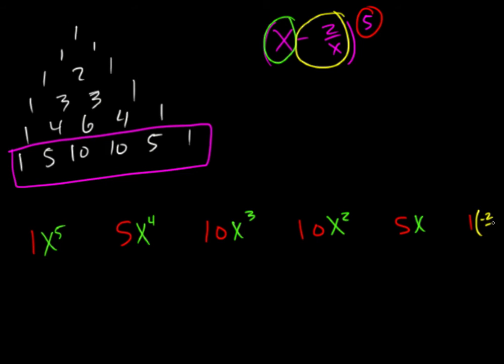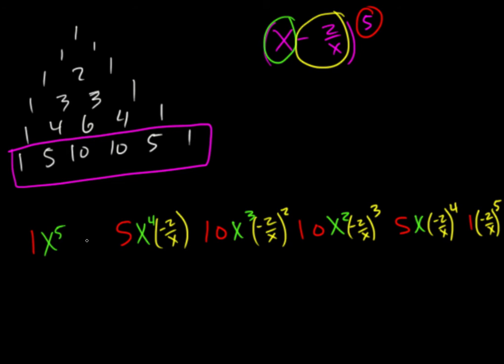So negative 2 over x to the 5th, negative 2 over x to the 4th, negative 2 over x cubed, squared, to the 1, and then nothing. Then we just put plus signs in between.